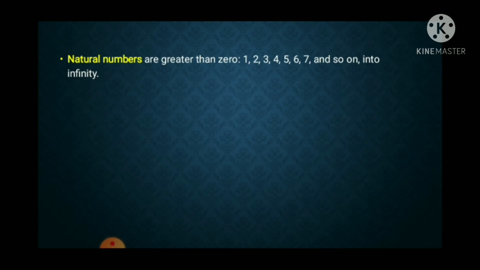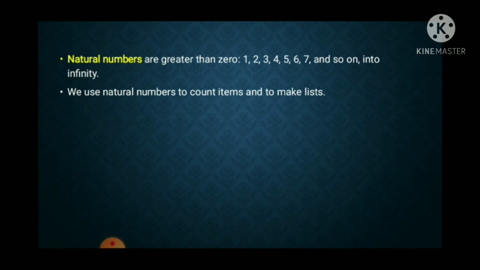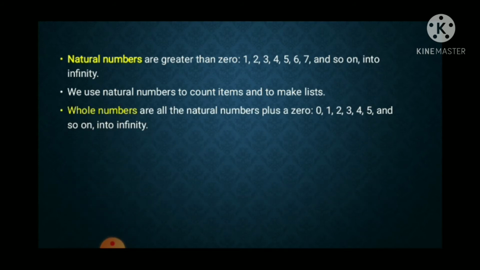So let's discuss it. Natural numbers. It is are greater than 0, di ba? As what I said a while ago, natural numbers are those counting numbers, right? 1, 2, 3, 4, 5, 6, 7, and so on, into infinity. That is, we use natural numbers to count items. Whole numbers are the natural numbers plus 0.